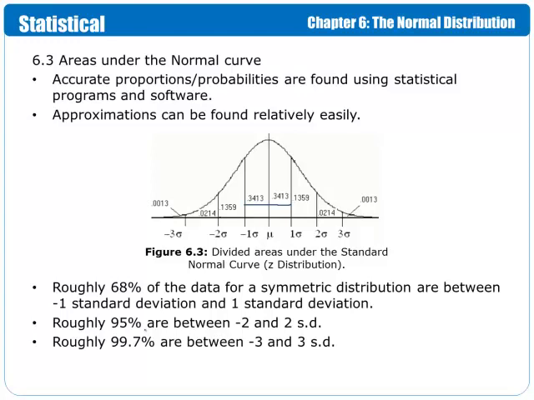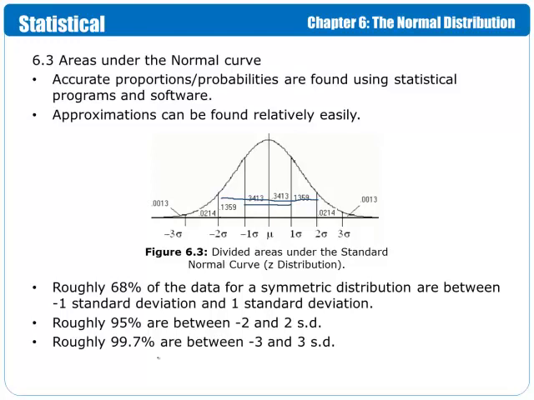Roughly 95% are between -2 and +2 standard deviations of the mean, and that is found by just going out here to -2 and going all the way up to +2, and just taking this 0.1359 and adding it to the 0.3413 and adding it to this 0.3413 and then adding it to that 0.1359, and it gives you about 95%.